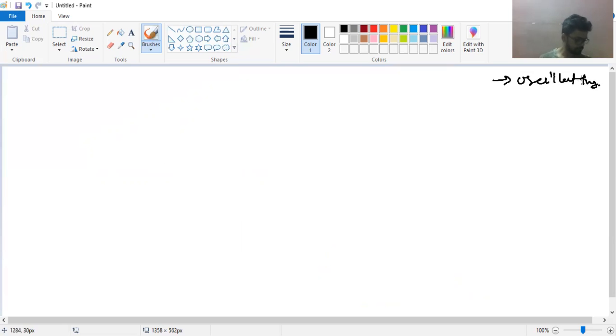Second, no material medium is needed. It can be there, but it's not needed.